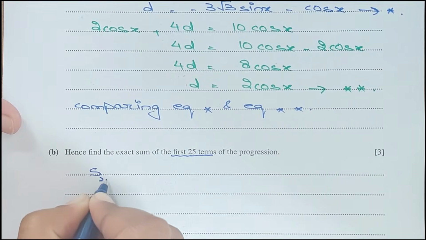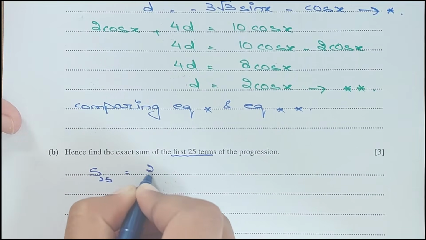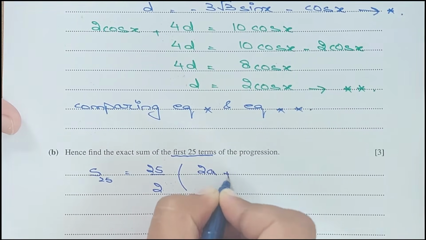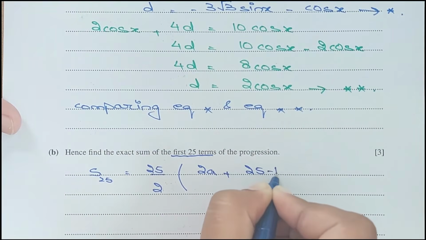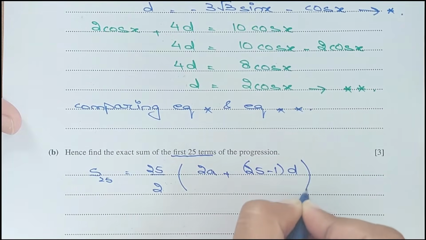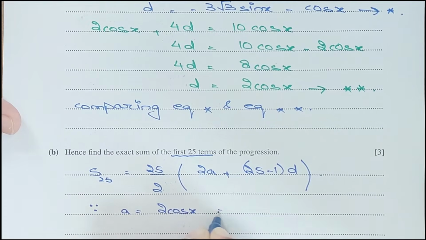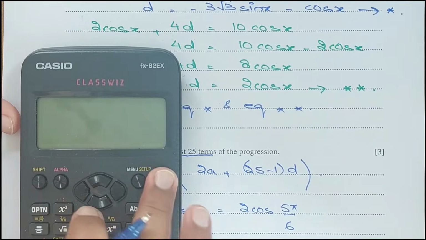We have to find S25, which is 25 over 2 into 2a plus 25 minus 1 into d, right? So what is a? a is the first term, which is 2 cos x. So 2 cos, the x value we got is 5 pi by 6. Let me solve this.